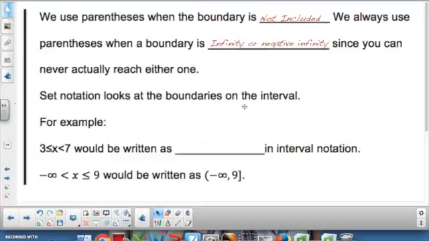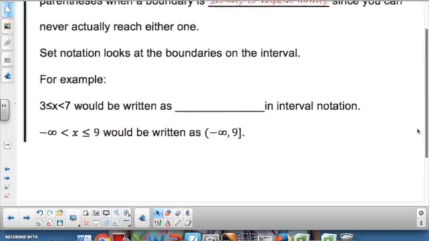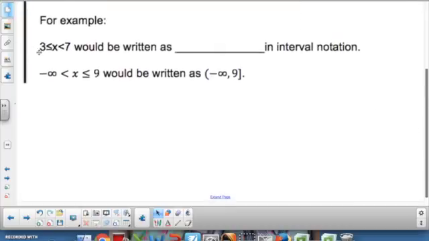So set notation looks just at the boundaries on the interval. For example, if you have this interval, which is written right now in set notation, 3 is less than or equal to x, which is less than 7. Remember that equal to means that 3 is included in the set. 7 does not have the equal to, so it's not going to be included.